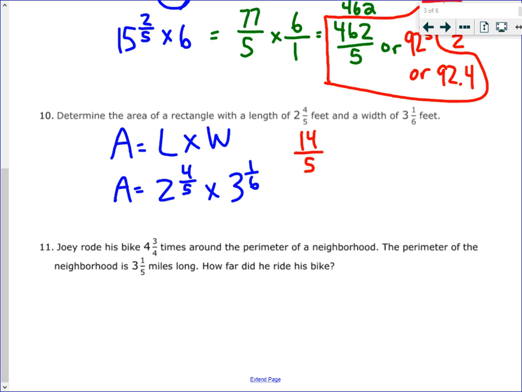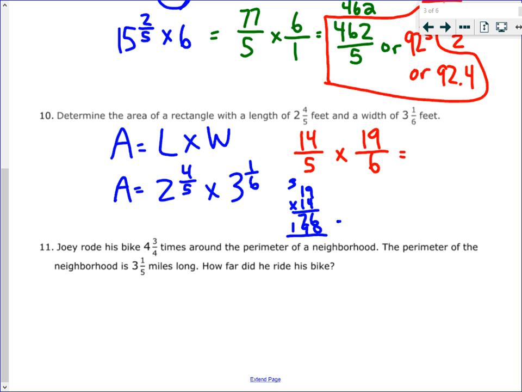In order for us to multiply these, we need to change them to improper fractions. So 2 times 5, which is 10, plus 4 gives us 14. Our denominator stays the same. And then we have 3 times 6, which is 18, plus 1, 19. And 19 over 6 multiplies across, and you will get 19 times 14, which is 266. Sorry for holding you up here.